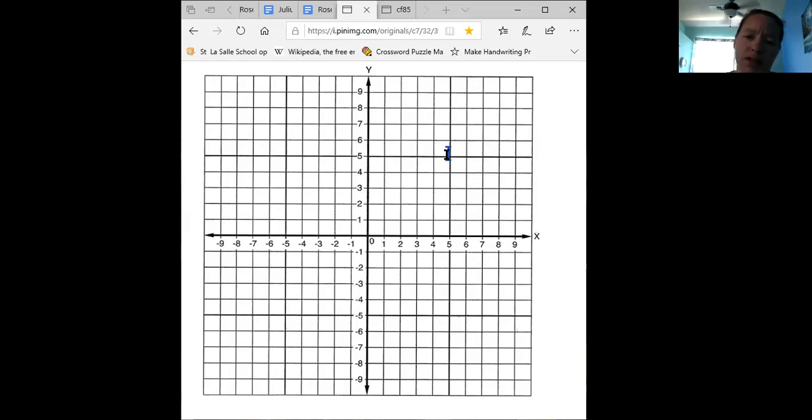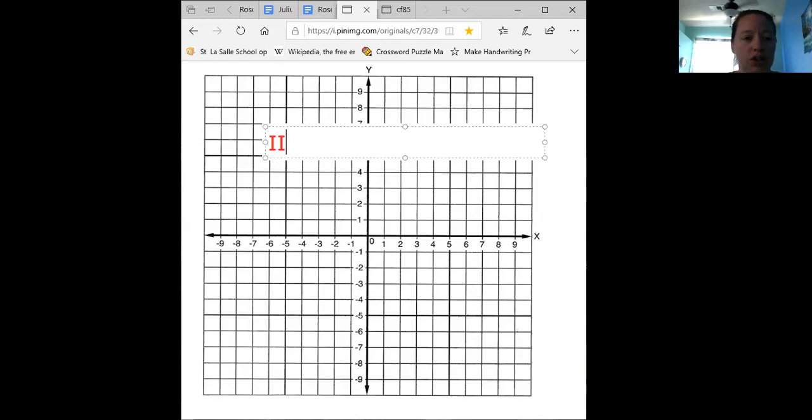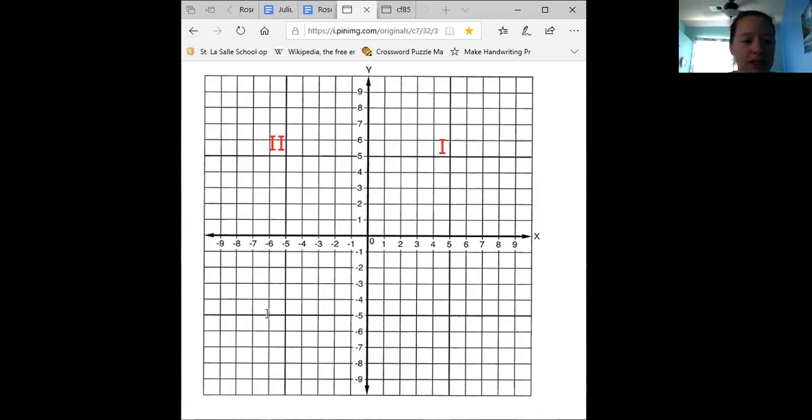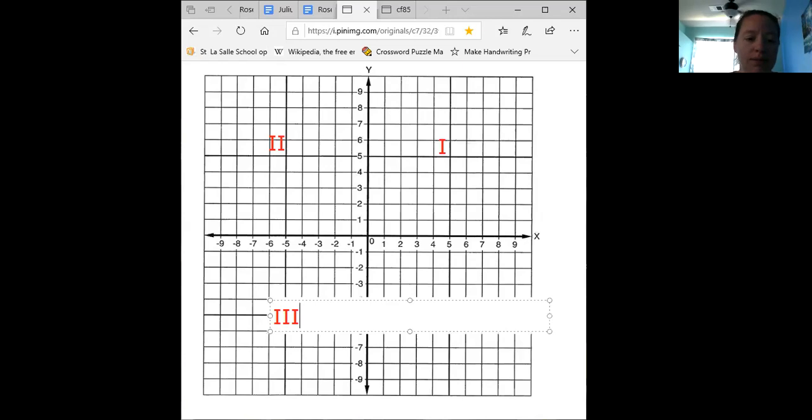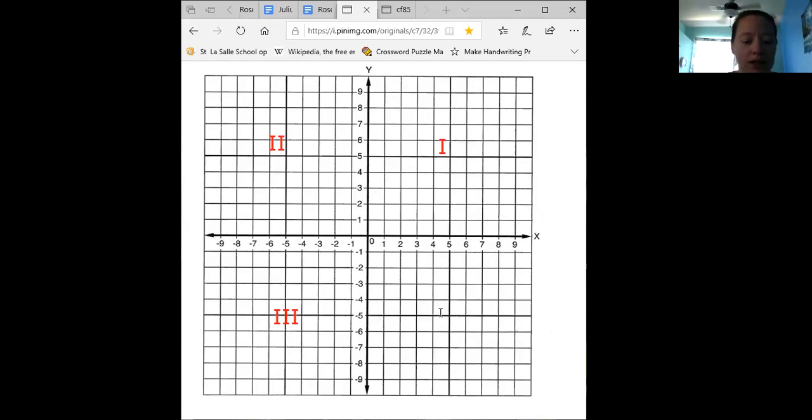Maybe I should rethink my color there. Here, let me erase that and do it in a different color. I think the red would show up better. Red. So this is quadrant number 1. Over here is quadrant number 2. Down here is quadrant number 3. And over here is quadrant number 4.